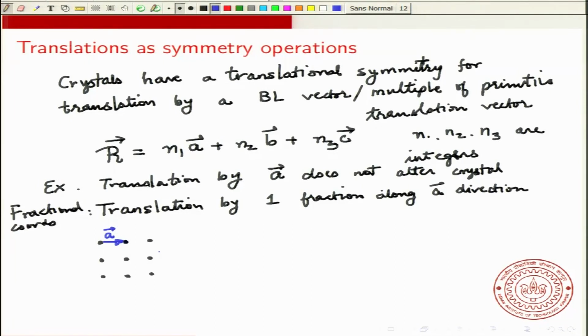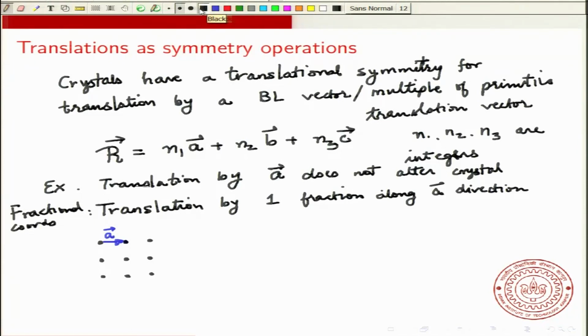It is very easy to see that. So this symmetry operation is actually used to define the crystal. The translation by 1 unit along one of the crystallographic directions is used to define the crystal.